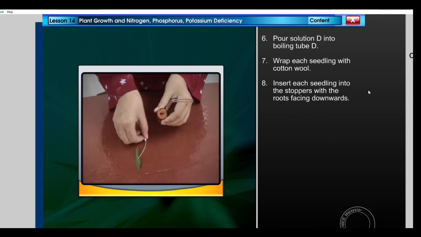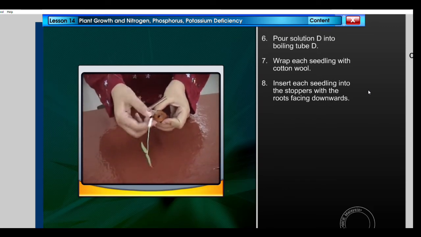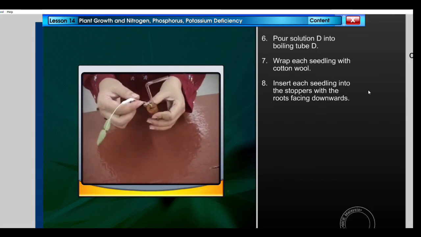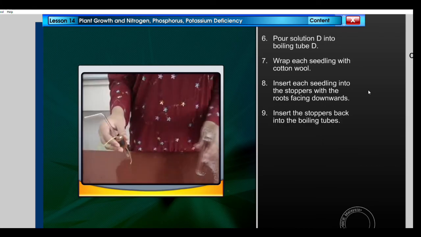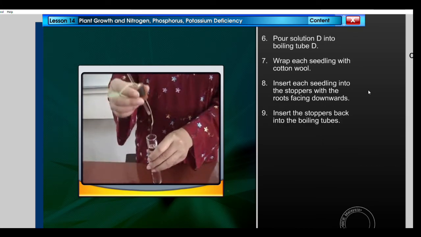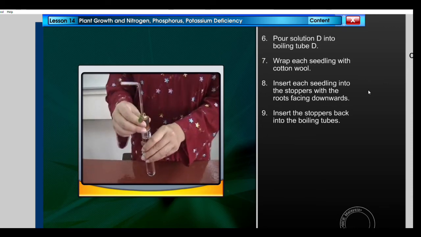Insert each seedling into the stoppers with the roots facing downwards. Insert the stoppers back into the boiling tubes.